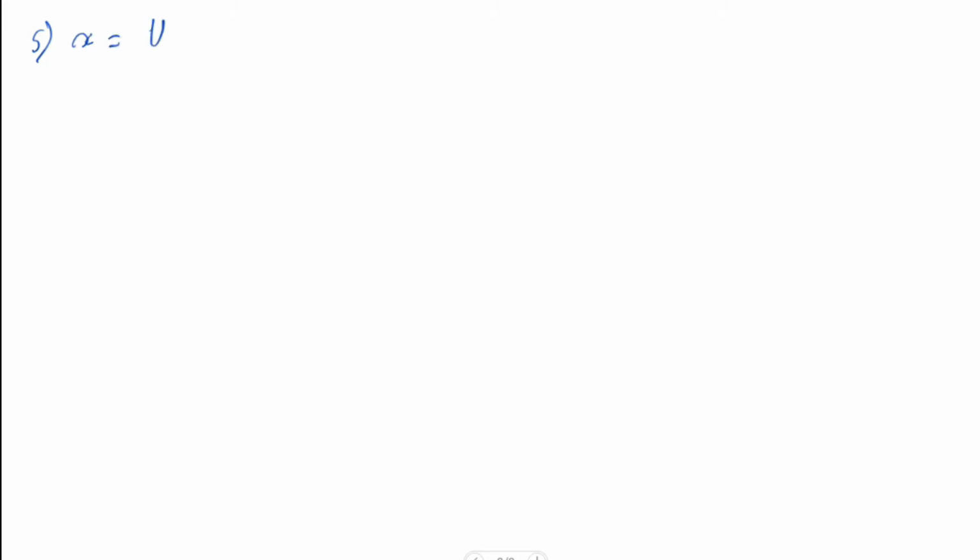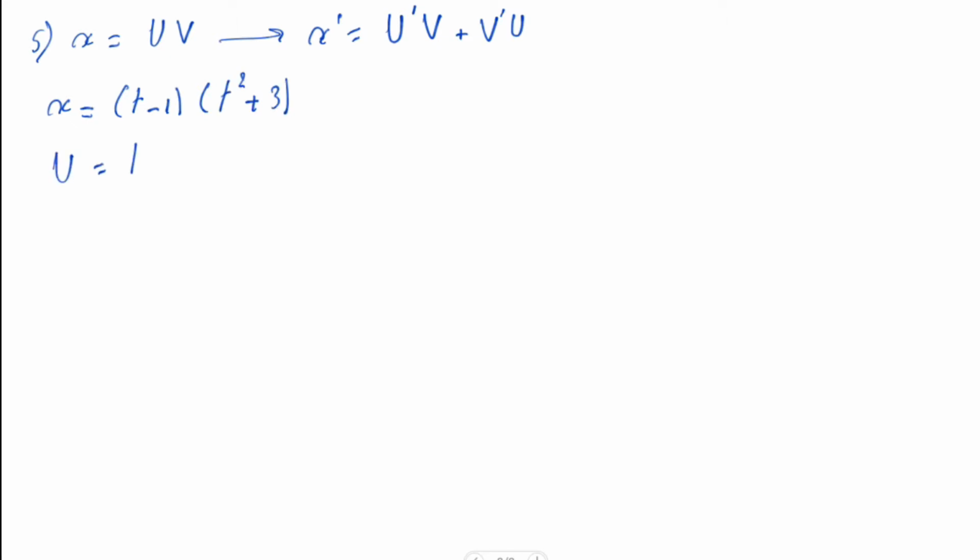Rule number 5. x equals uv, then x prime is u prime v plus v prime u. For example, x equals t minus 1 times t squared plus 3, then u is t minus 1, then u prime is 1. v equals t squared plus 3, then v prime is 2t.